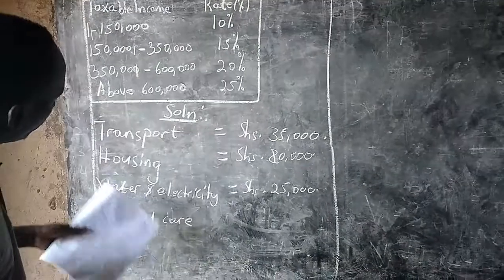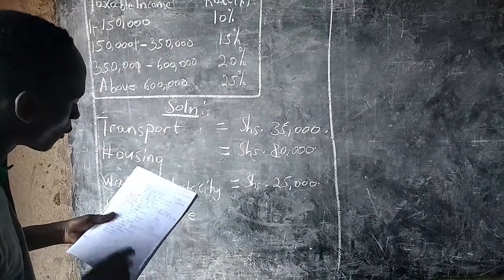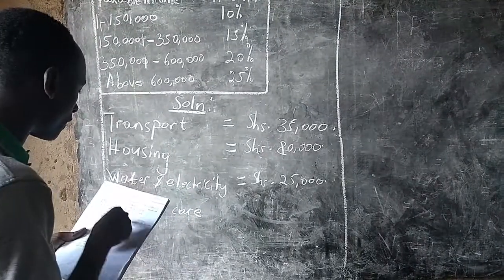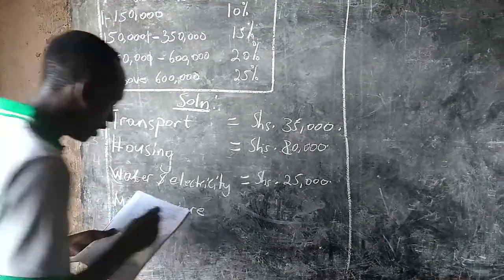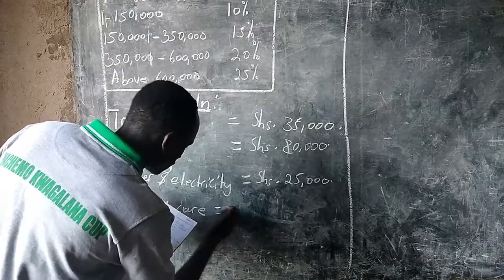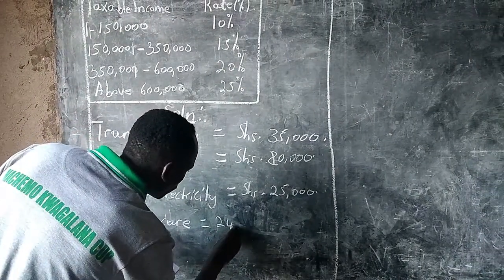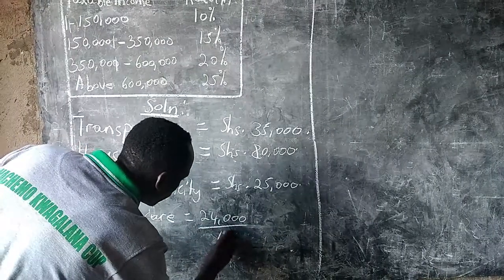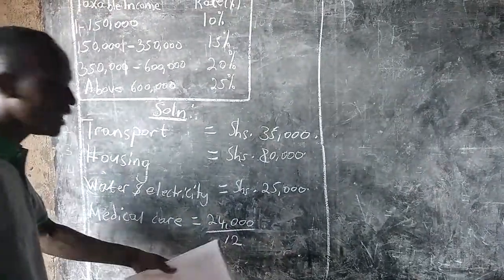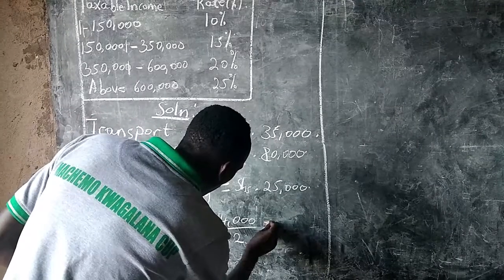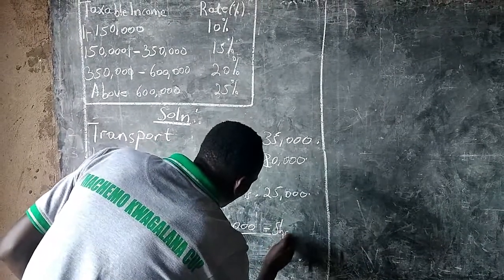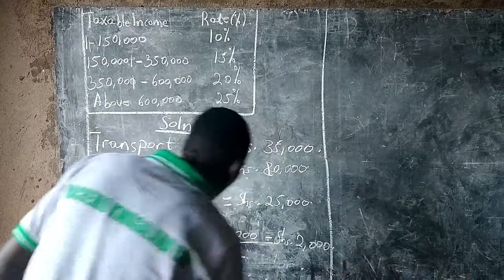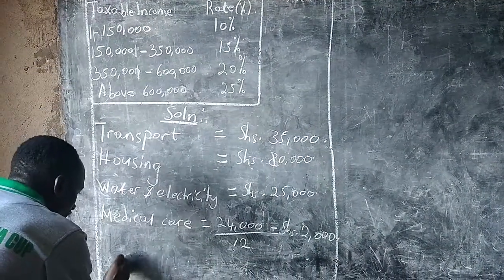And if you look at medical care, they are saying that it is 24,000, but it is not per month. This time around it is per annum. So how we shall get that value as it is 24,000, and then we shall have to divide it by 12, the number of months in a year. And our answer, I think, will be now shillings 2,000.